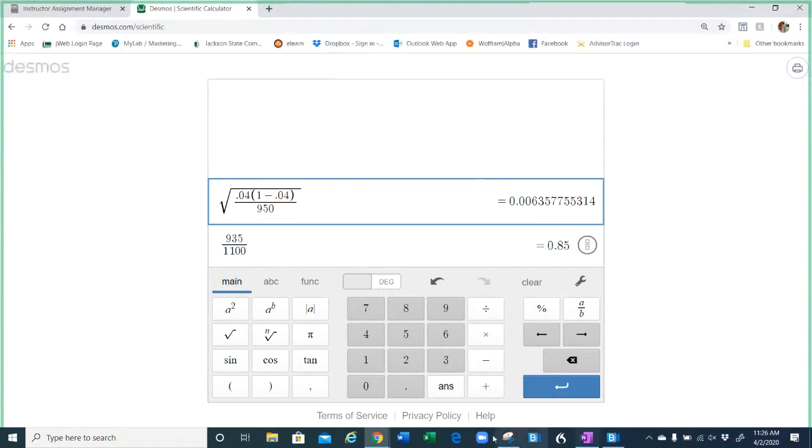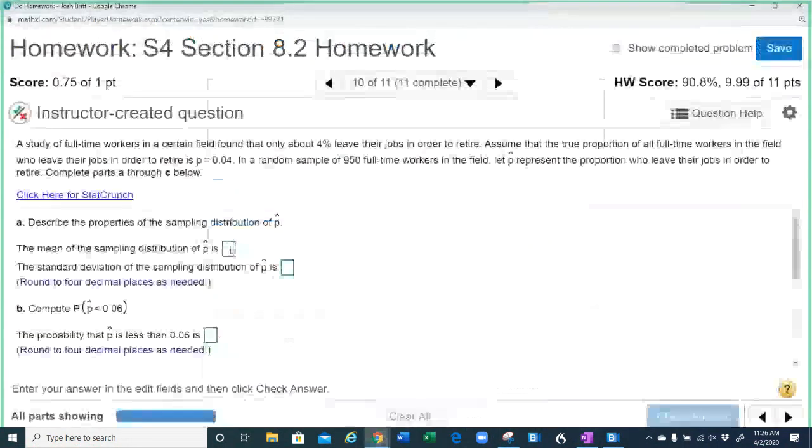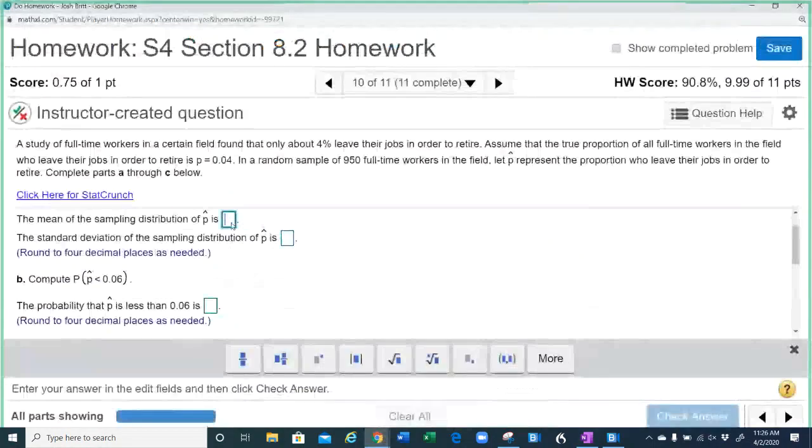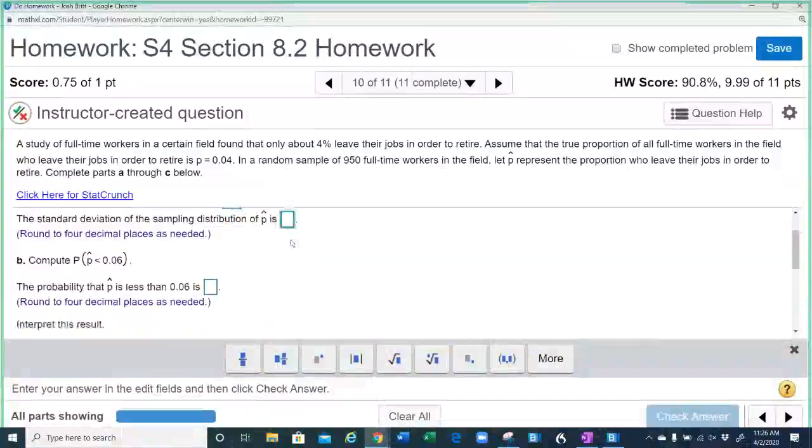All right. So mean 0.04. Standard deviation 4 decimals, 0.0064.